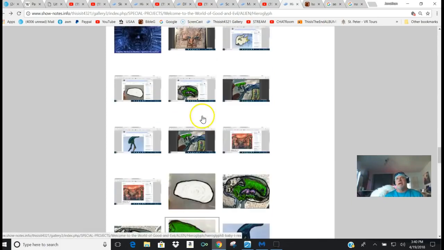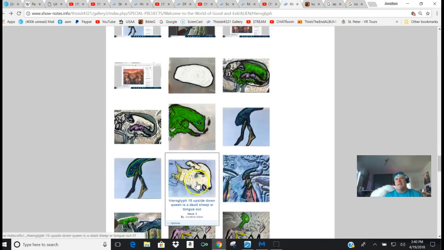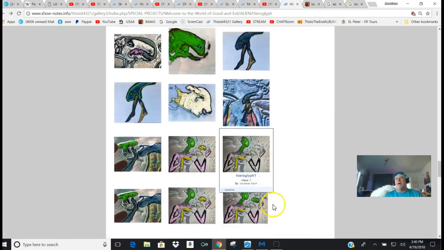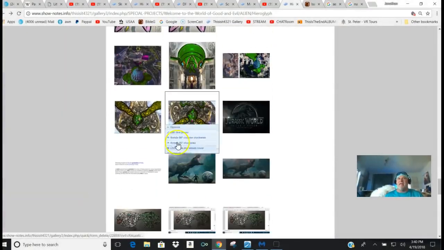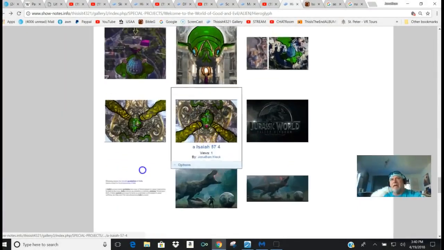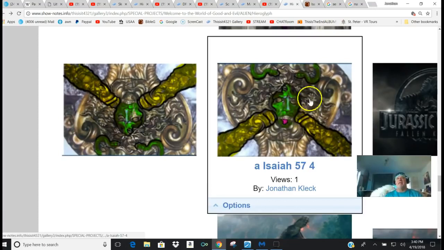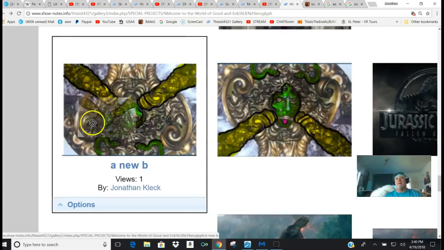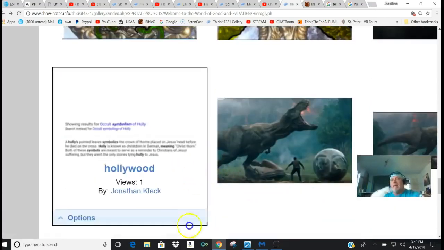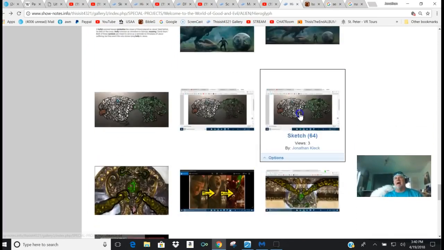Queen, turn the queen upside down, dead sheep. It's always the same. Altar of St. Peter's, dead sheep. Human in a slave collar, right here. Human in a slave collar, turn it upside down, locust from the pit. It always adds up.